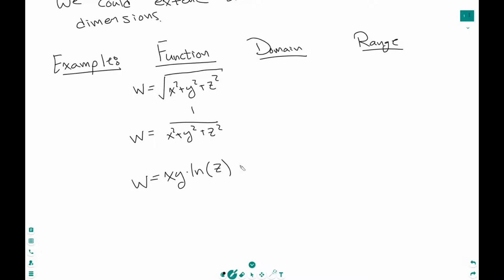All right, so looking at our first function, what's allowed? What x, y, and z can I input into this function? Well, I got to make sure that what's inside the radical is going to be a non-negative scalar. But I look at x squared, and y squared, and z squared, and because they're squared, any real number that I input into those is always going to be non-negative, right?